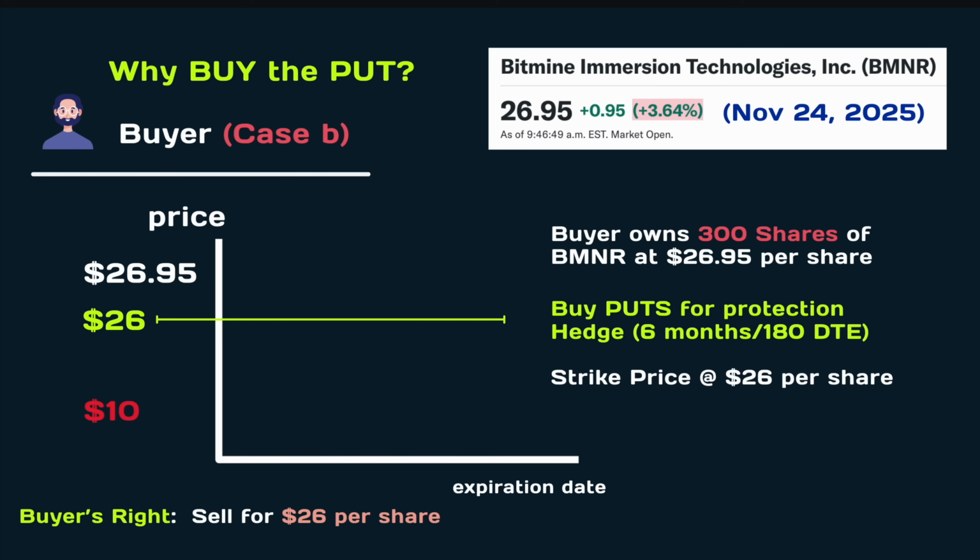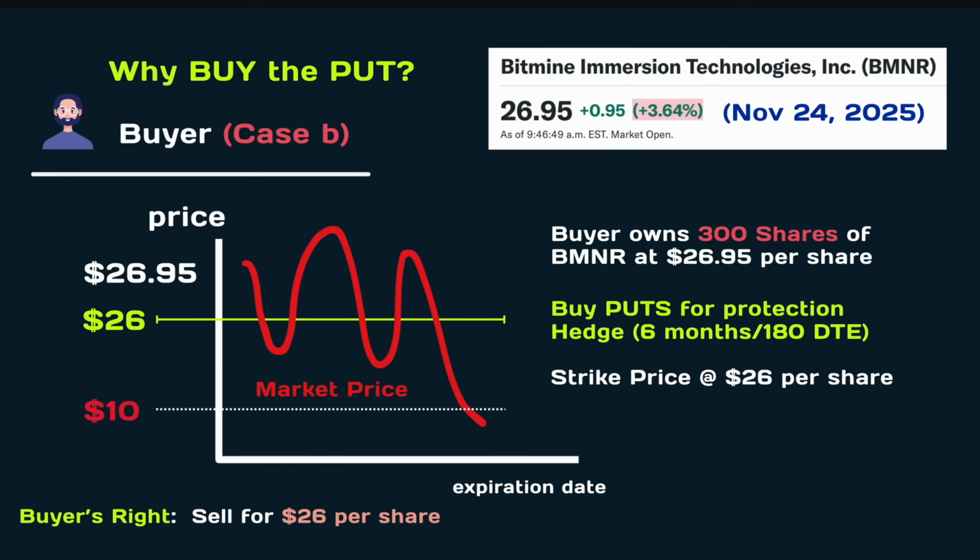He's hedging the risk as much as possible because should the stock trade down to $10 at some point in time, the buyer would exercise his right and sell all his 300 shares away to you at $26 per share. That means that he's protected from this market price of $10 per share.